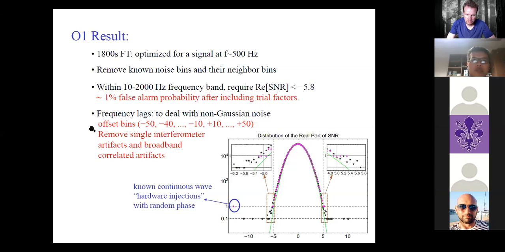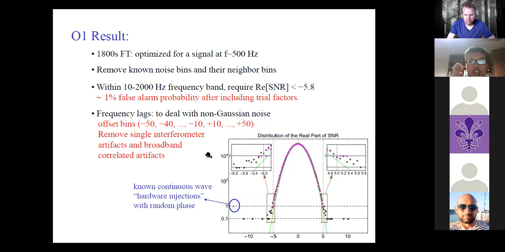That means rather than using the same frequency bins of 2 detectors to calculate the cross correlation, we offset the frequency bins for 1 detector and then calculate the cross correlation. By using frequency lags, we can remove the single interferometer artifact and the broadband correlated artifact.